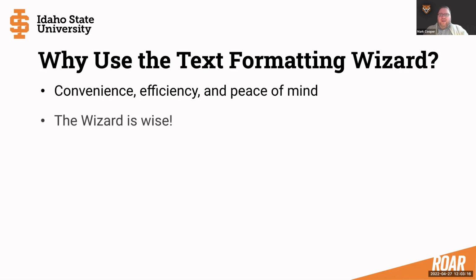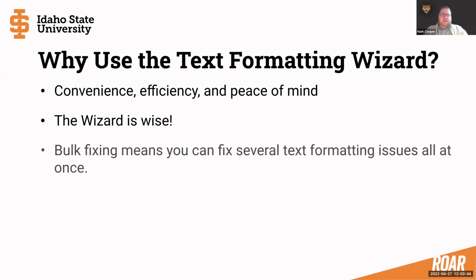The wizard identifies all of the text formatting issues in one place for you. So rather than hunting through your course, you now have the ability to quickly and easily fix formatting issues in your Moodle course with this wizard tool. And it'll give you the peace of mind in knowing that the text in your ISU Moodle course is accessible for all of your students.